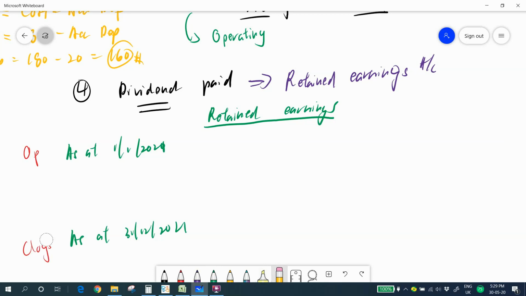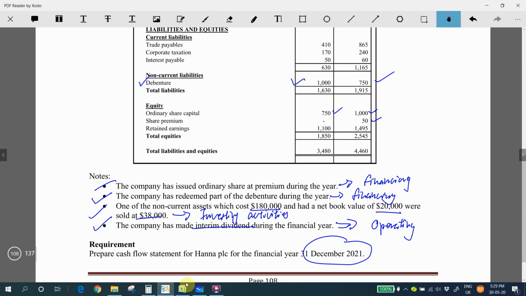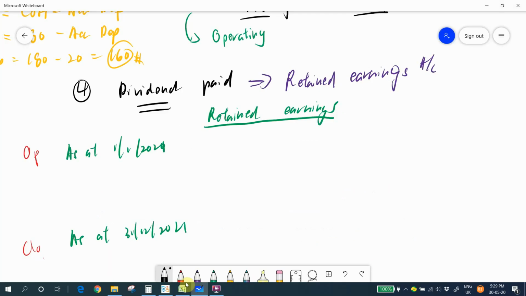One is opening, one is closing. So let's key in the available information in the question. The retained earnings opening is 1001, closing 1495. So what are the possible transactions in our retained earnings?